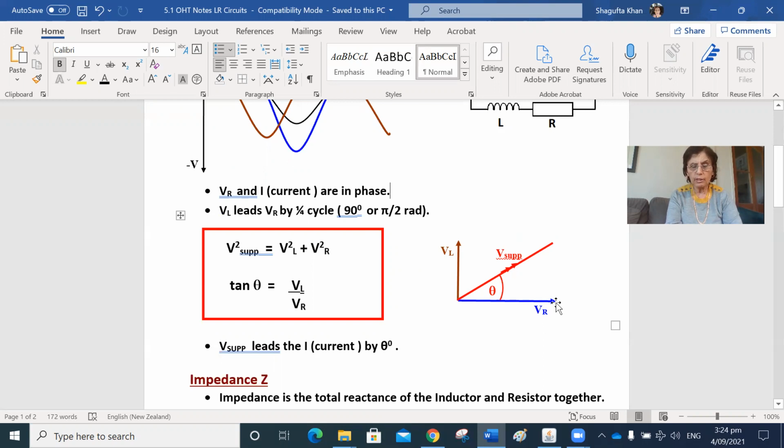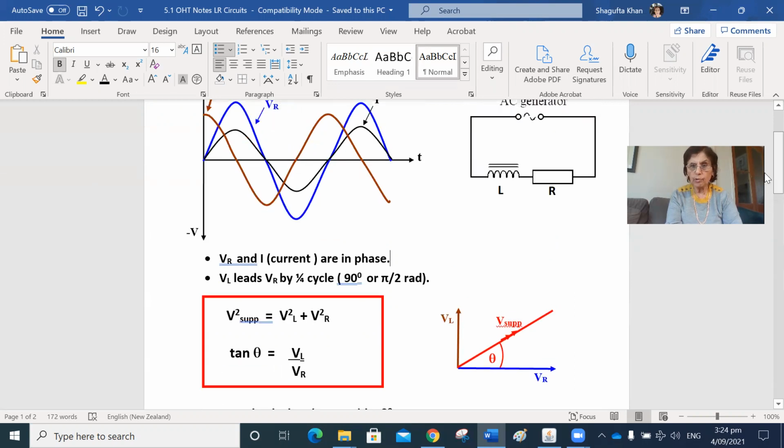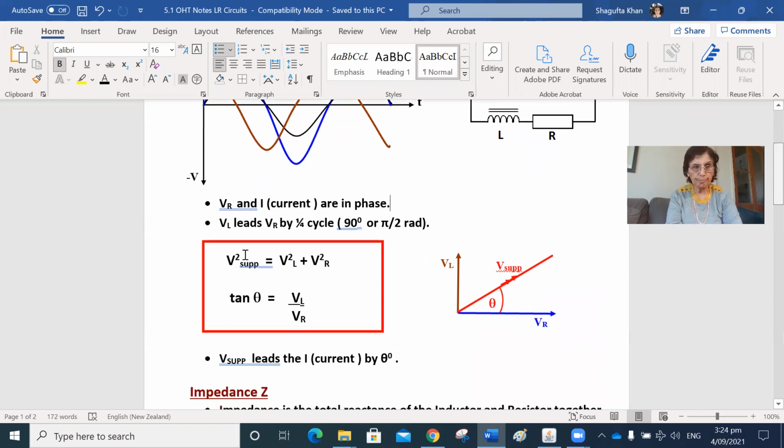So if we want to add them together, we have to add them in a vector manner. The voltage supplied by the supply is shared by these two, but because VL and VR don't become maximum at the same time or minimum at the same time, they are added in a vector way. And how do we add these in a vector manner?